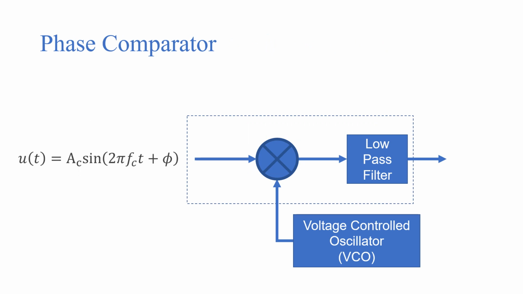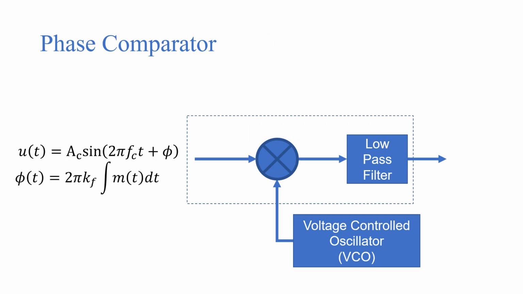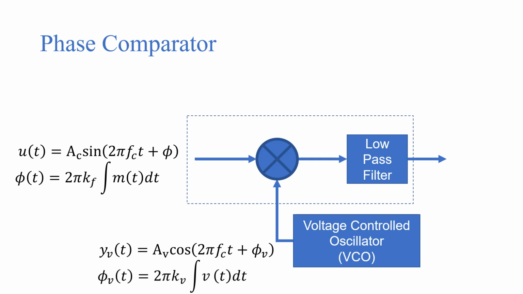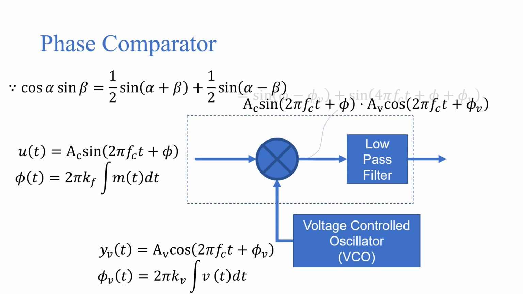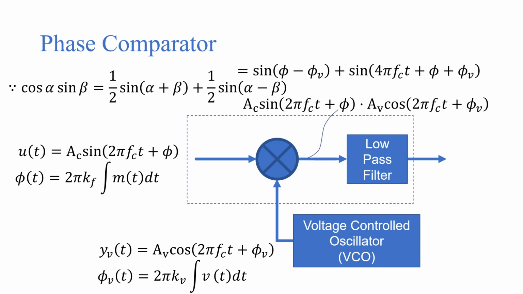The second component of PLL is the phase comparator. It compares the phases of incoming FM signal u(t) and VCO output y_v(t) by employing a mixer, a device that mathematically multiplies the two signals according to the trigonometric product formula. We obtain two sinusoids with sum and difference angles. The sum angle sinusoid has a 4 pi fc t term. Therefore, its spectrum is centered at 2fc.